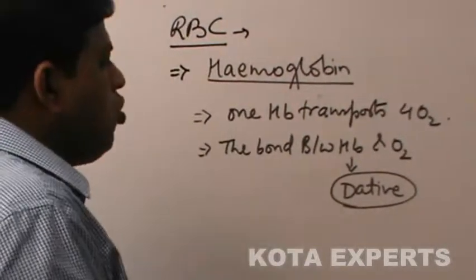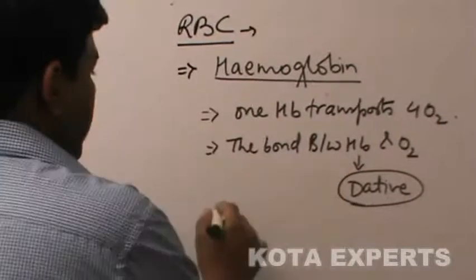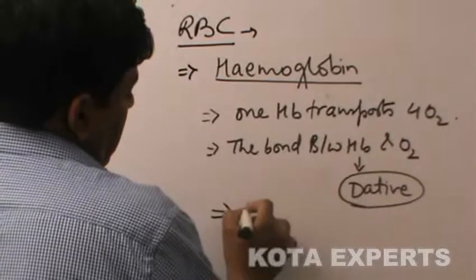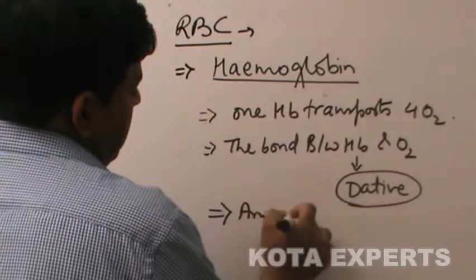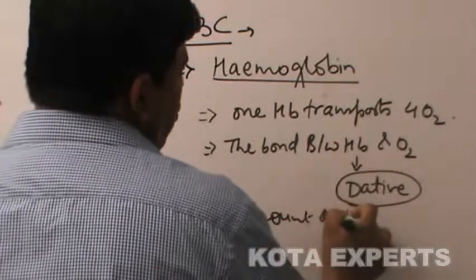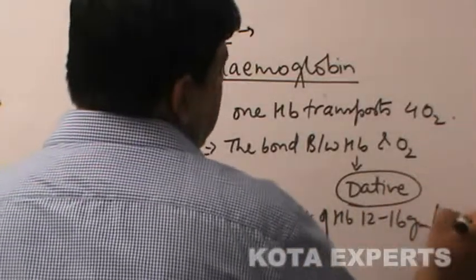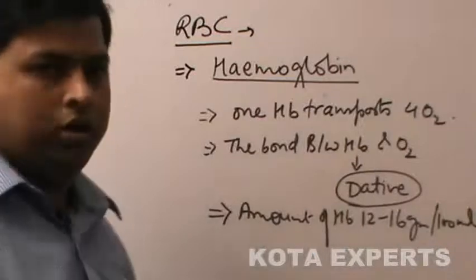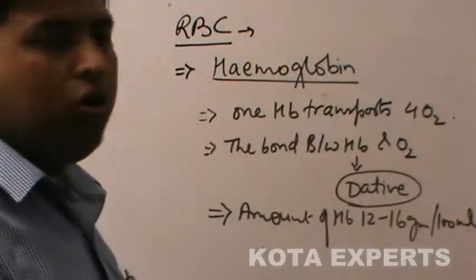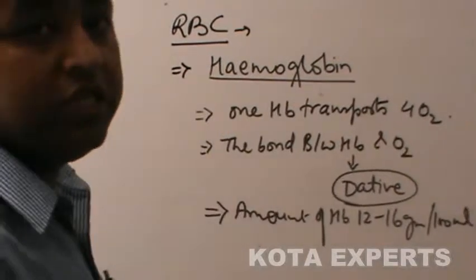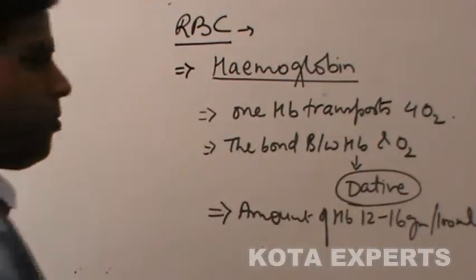So this hemoglobin provides the transportation, and the amount of hemoglobin is approximately 12 to 16 grams per 100 ml of blood.